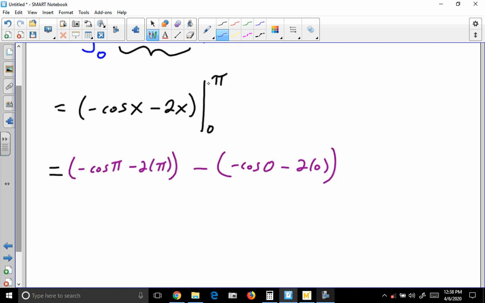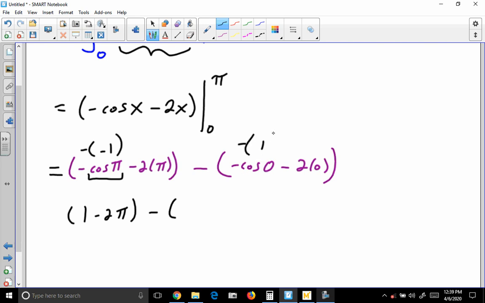But that's not always true, especially with trig functions. Cosine of pi is -1. So we have minus the -1, which is a positive 1, minus 2 pi. Cosine of 0 is 1, so minus 1, and that part is 0.